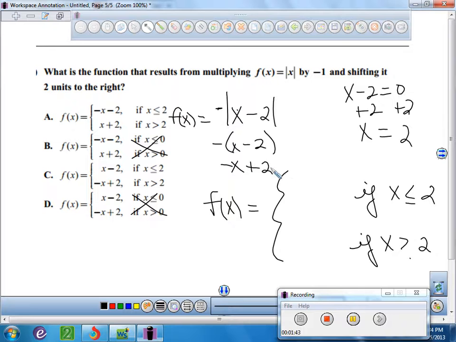Now let's think about this, because we're reflecting our graph here. So our graph has been moved over 2 places to the right. So it would come 2 places to the right, and then it's pointing down. So we're going to have a positive slope as the x's are approaching 2, and a negative slope as they go away from 2.